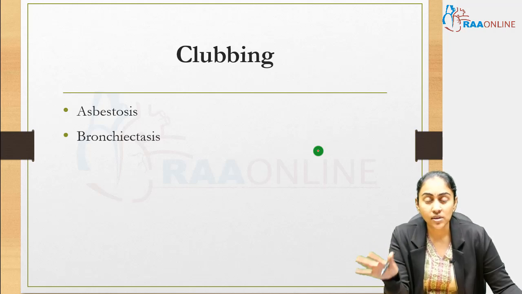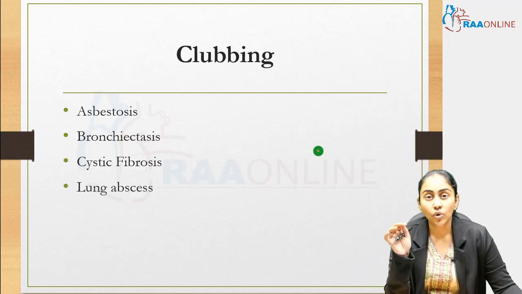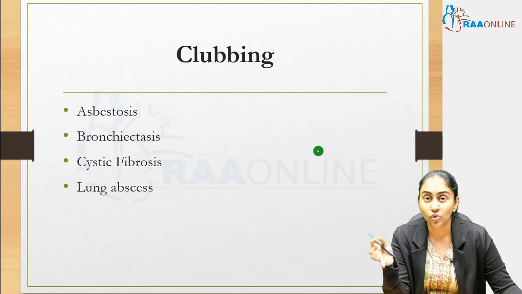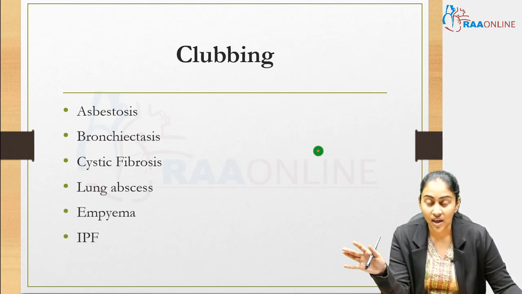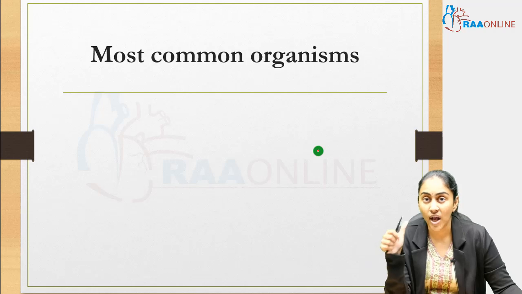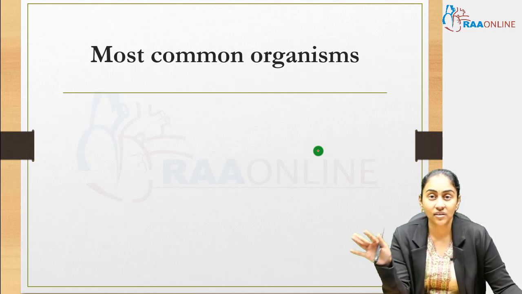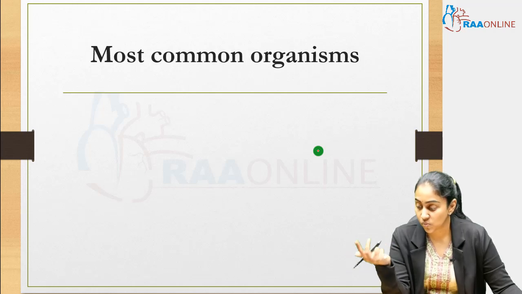Two, remember all the suppurative lung diseases, all the lung diseases with pus inside them: bronchiectasis, cystic fibrosis, empyema, lung abscess. And finally, idiopathic pulmonary fibrosis. So, these are the diseases where clubbing is present: asbestosis, idiopathic pulmonary fibrosis, and all the pus in the lung diseases like cystic fibrosis, bronchiectasis, lung abscess, empyema.